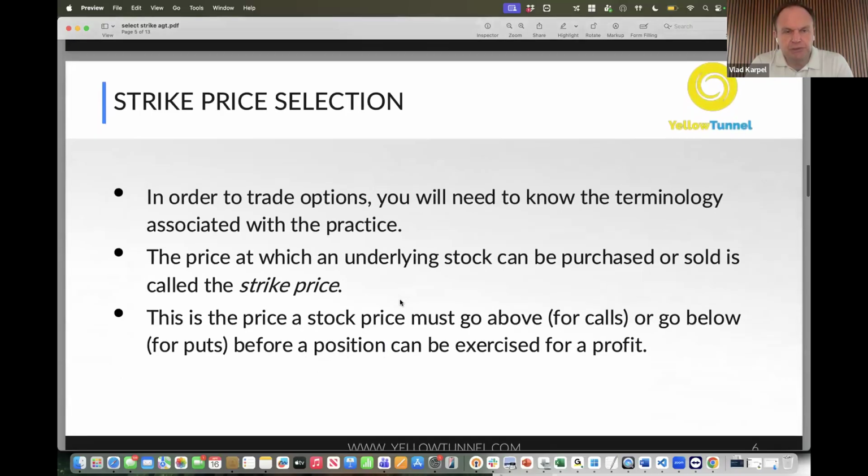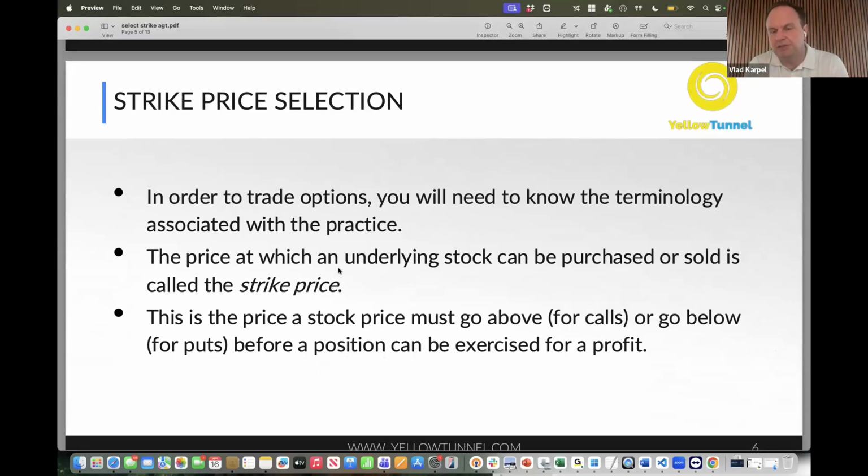All right, so let's jump into strike price selection. In order to trade options, you need to know the terminology. The price of an underlying stock can be purchased or sold at a certain strike price. Just like your house, if you live in the average house in the United States, $250,000, you need to decide how much money you want to insure. Your mortgage company can say, well, you need to insure at least for $200,000 or $220,000.